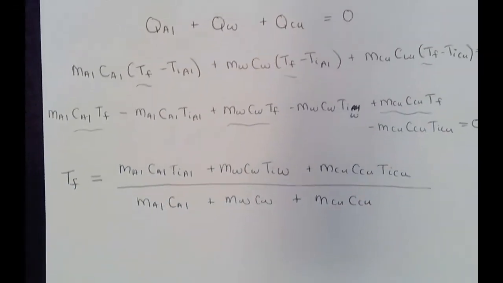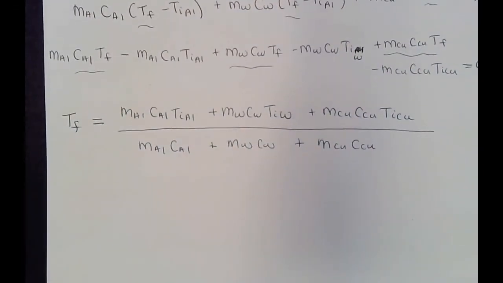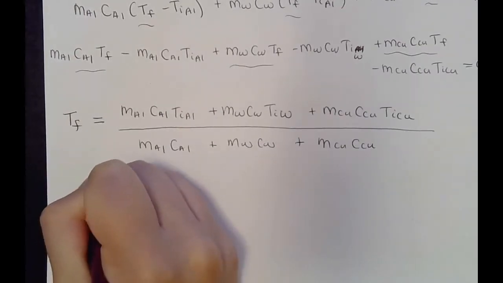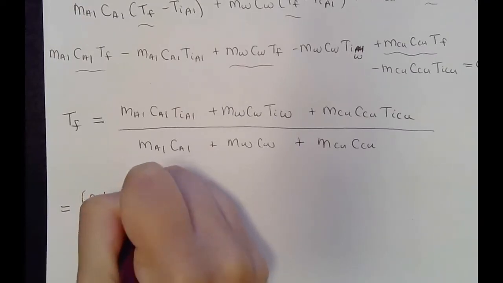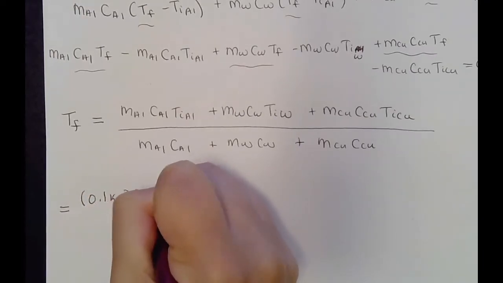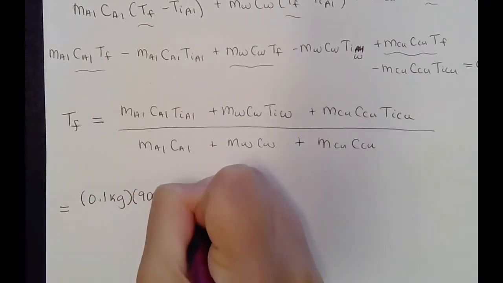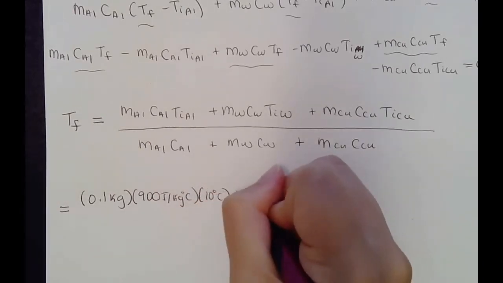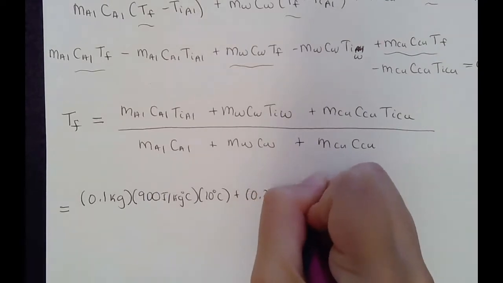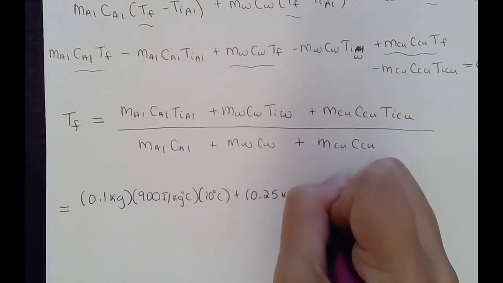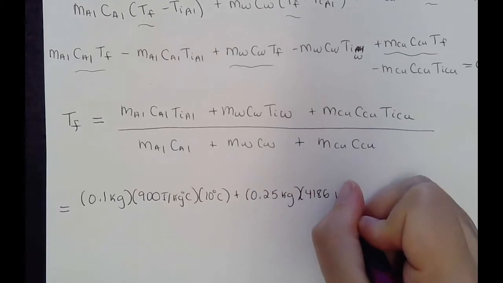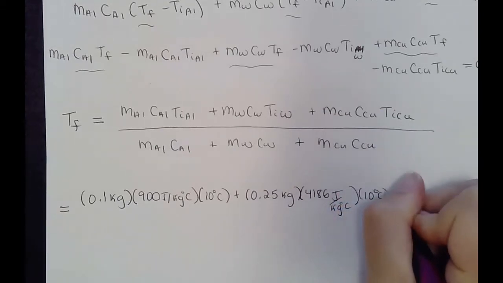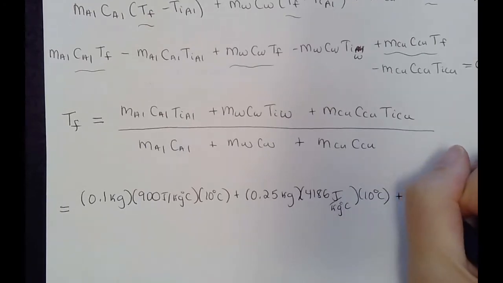Okay. And at this point, we just need to plug in the numbers. So we have mass of aluminum, which was 0.1 kilograms, times C aluminum, 900 joules per kilogram degrees Celsius, times 10 degrees, plus the water, 0.25 kilograms, times 4,186 joules per kilogram degrees Celsius, times 10 degrees, plus one more to fit in here.